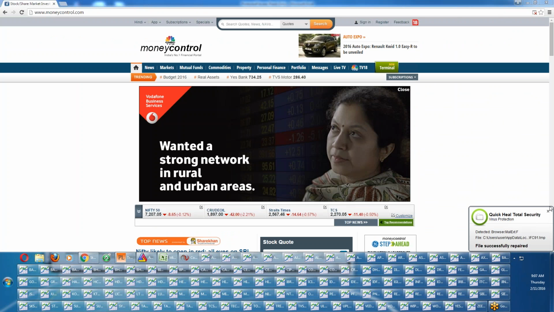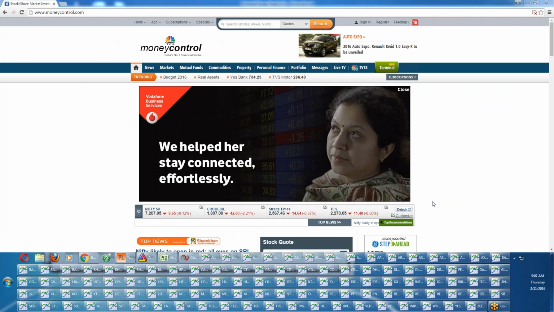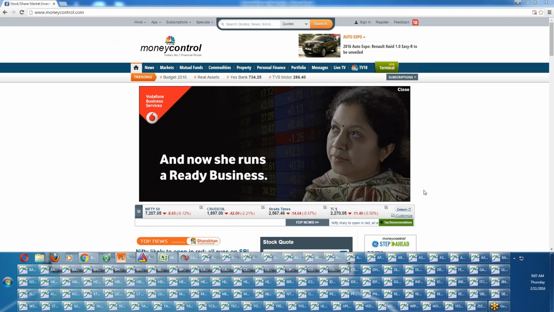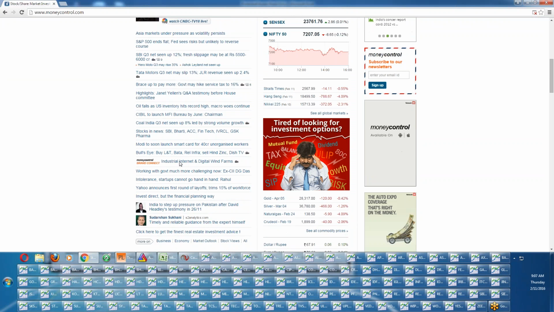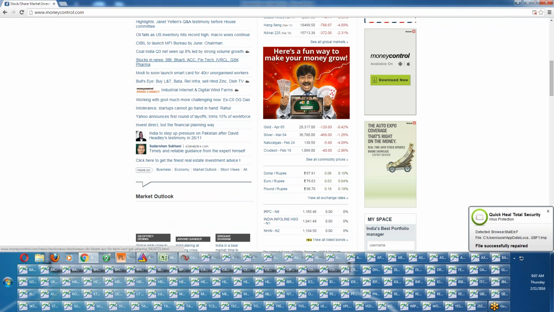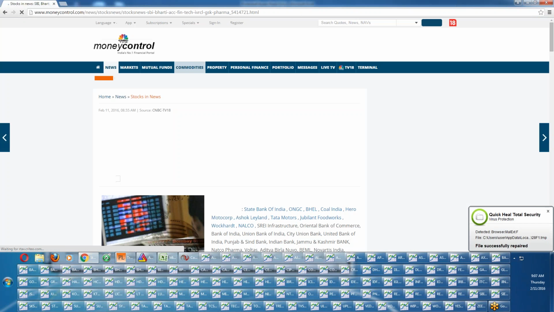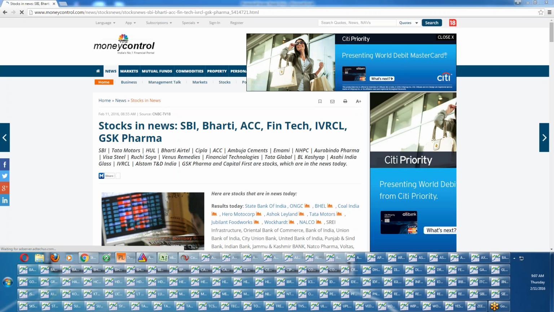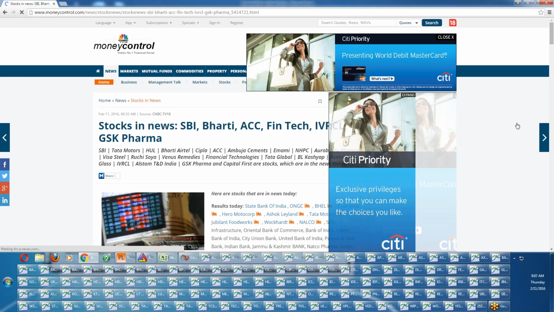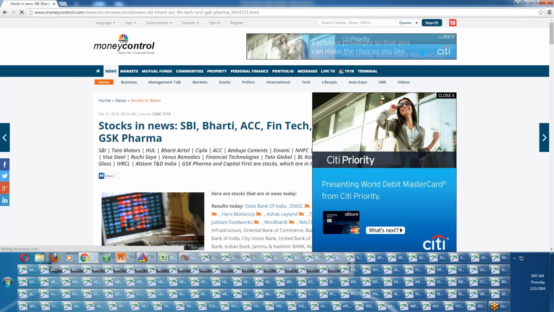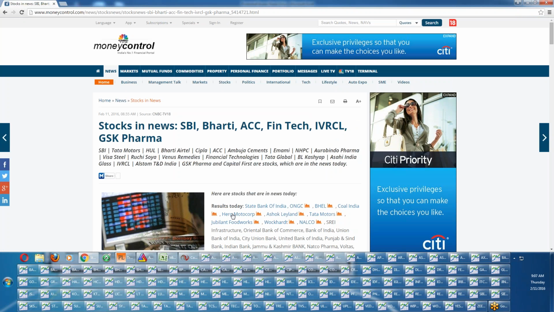So we have the results coming up for many companies today. These are the stocks that are in news. The major ones are SBI, ONGC, BHEL, Coal India, Hero Moto, Ashok Leyland, Jubilant Food, and Oka.